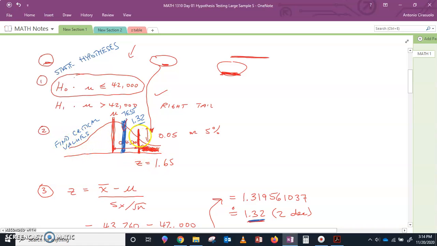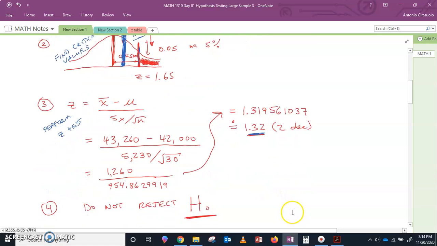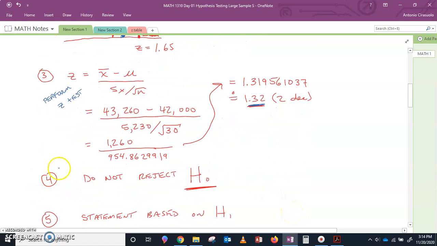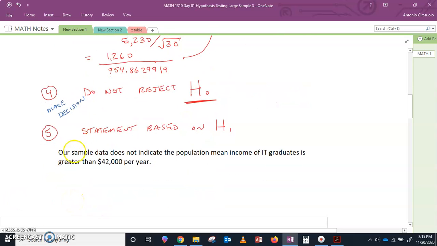So we found our fence, so to speak. Step 3 is to perform the test, a Z-test or t-test if it's a small sample size. Step 4 was to make a decision. And then last, state our findings.